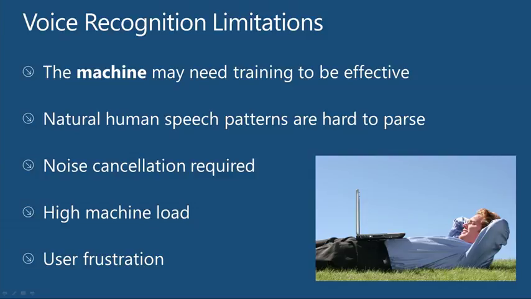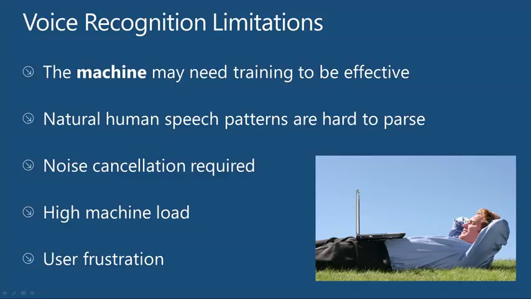Noise cancellation. There's a lot of ambient noise in the world. Very rarely is the user in a situation where they can shut off all the noise. There's TVs going in the background in a family situation. There's the kids running around screaming at their friends, or at each other, much more likely. And in a workplace, there's other people chatting behind the scenes. There's other things going on.